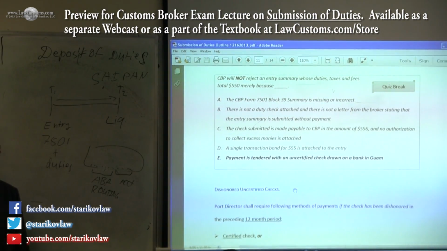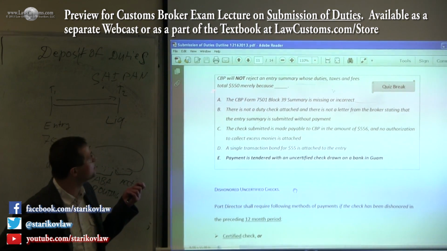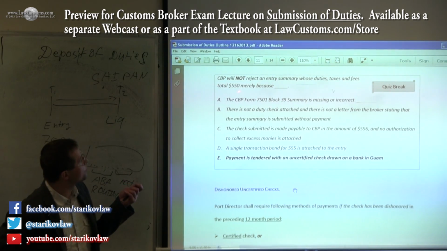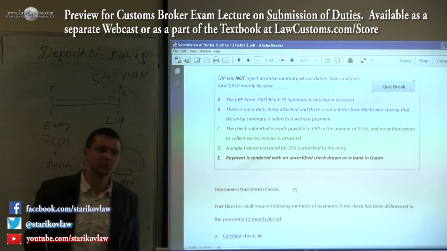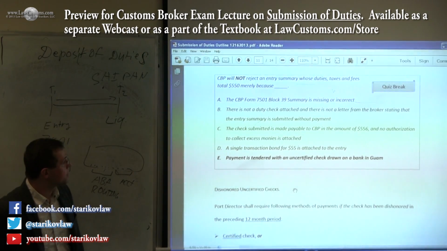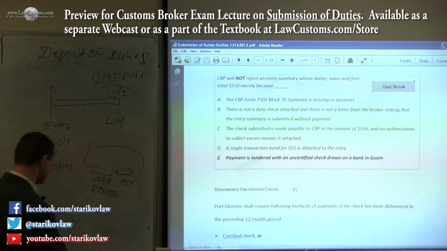How is this tested on the exam? Well, CBP will not reject entry summary for the total because fill in the blank. So it's a fill in the blank type of situation. Notice, will not reject. So the situation is as follows.